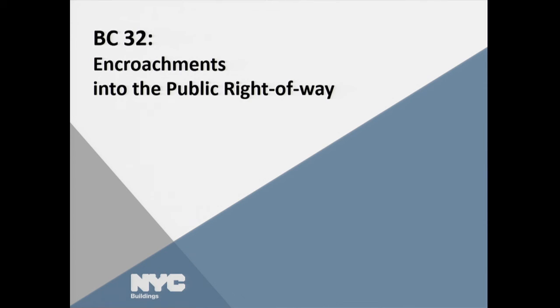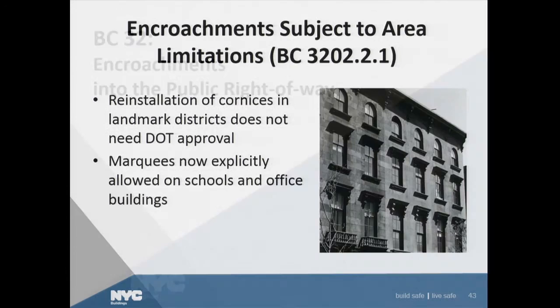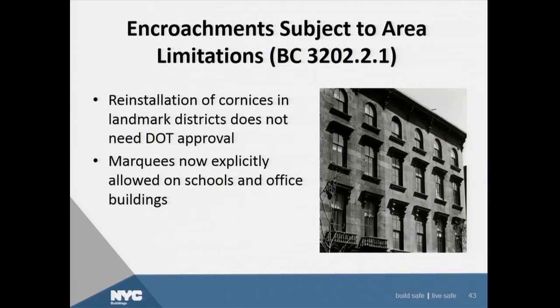And the last chapter that I do want to go over here is encroachments into the public right-of-way. So previously, even though we allowed marquees on several buildings for schools and offices, it's now explicitly allowed in the 2014 code. We tried to fix that up.